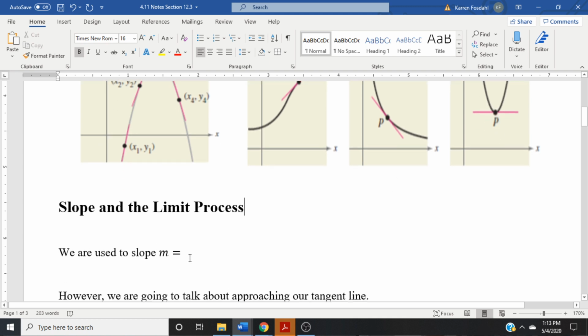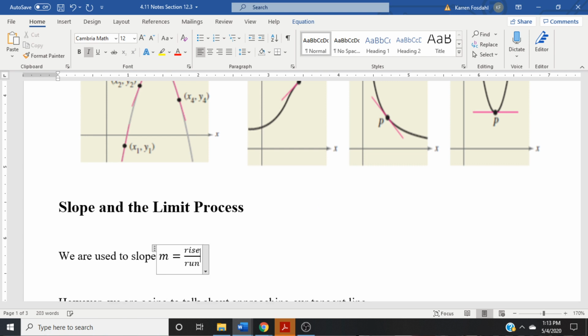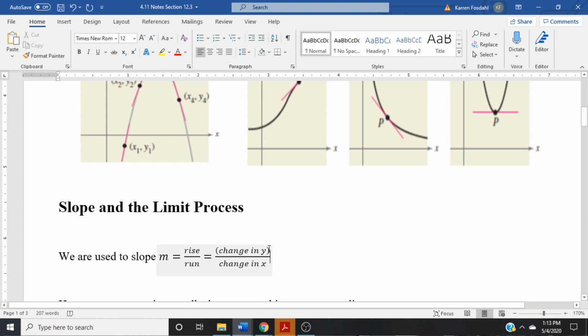So we're used to slope equaling rise over run. Or we're used to slope equaling change in y divided by change in x. Sorry, I don't really like having parentheses on top. Probably could have done it without parentheses. Okay, let's just remove the parentheses.